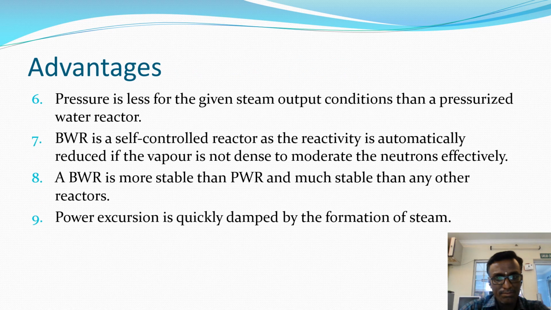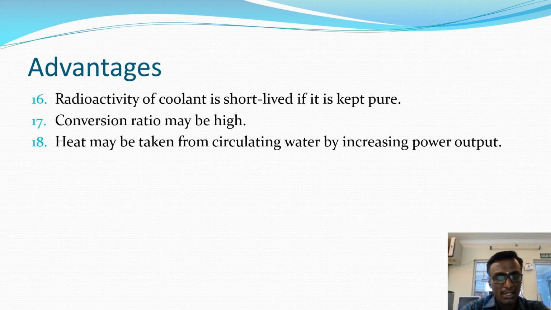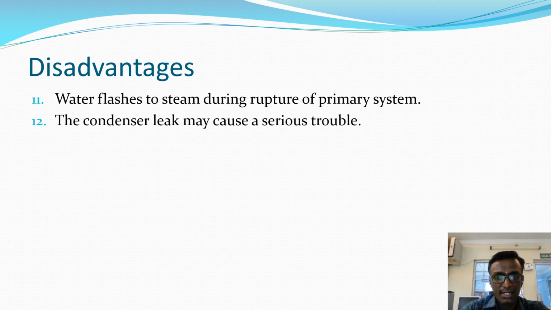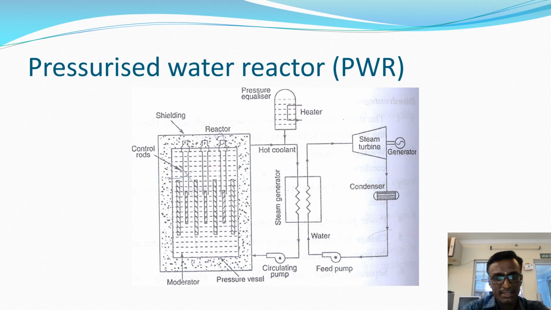And in the case of the PWR, that is the pressurized water reactor, we have the pressurizer that has been used in the pot. As you can see here, we have an additional component, the pressure equalizer. This pressure equalizer will ensure that the reactor is working at a higher pressure value.